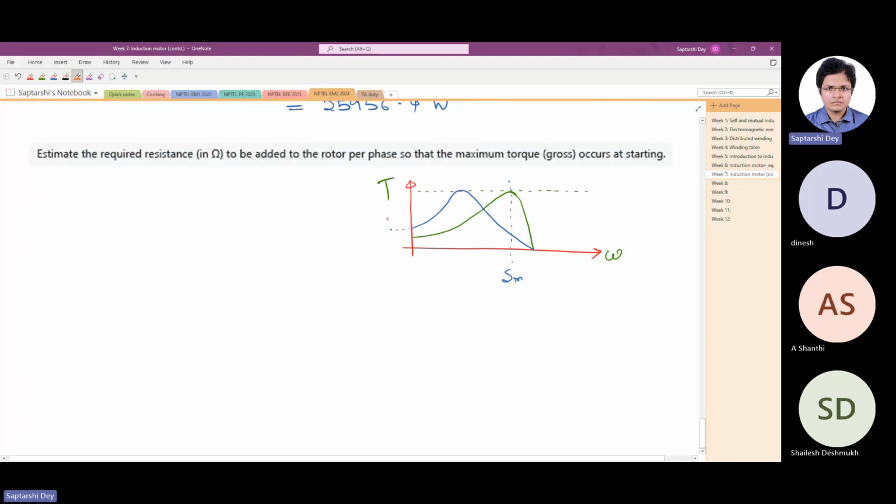Maximum torque remains constant. So here, in this direction, R2 increases.